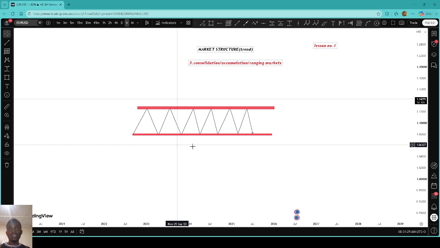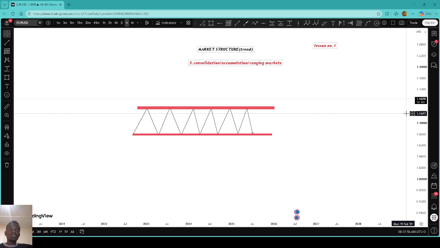For example, as we're looking at the Euro USD chart, it could be between, let's say, 1.0600 and 1.1400.